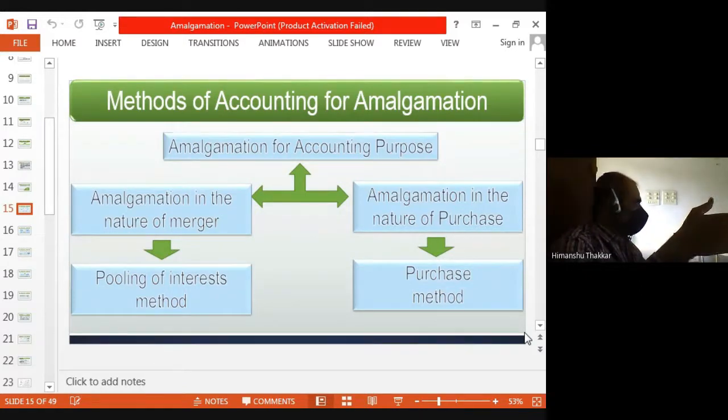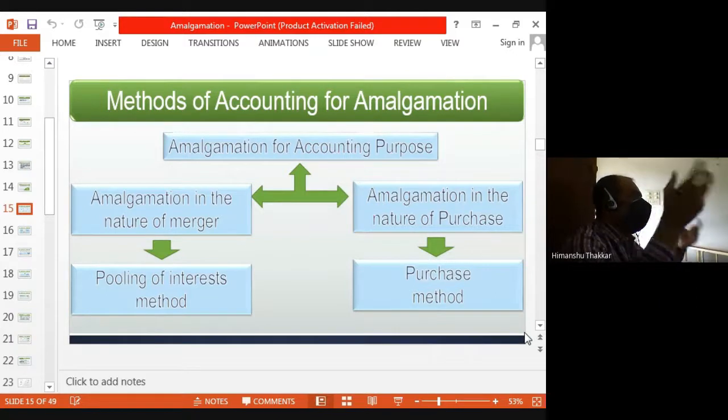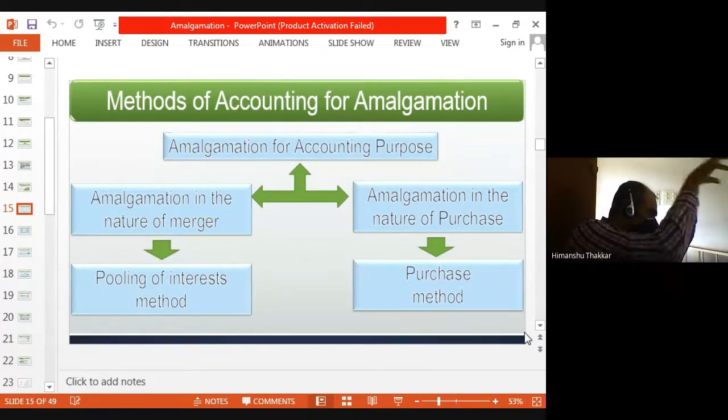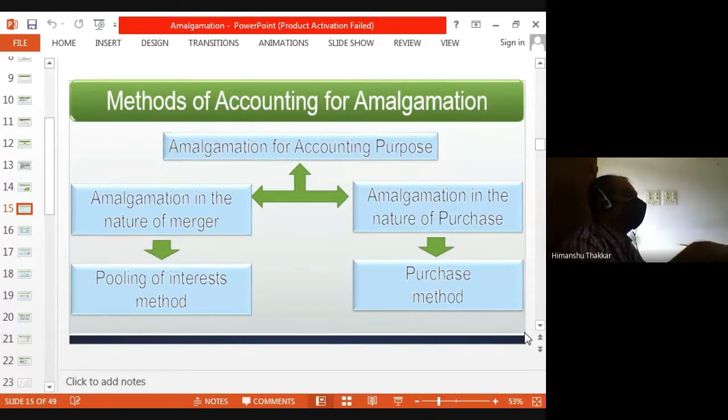Suppose there is a pool, swimming pool. I already had water of A Limited. I purchased B Limited and added that water in the swimming pool because it's A Limited's swimming pool. I added the water which I purchased, amalgamated B Limited, into my pool of A Limited. Now A Limited's pool is completely full with water.